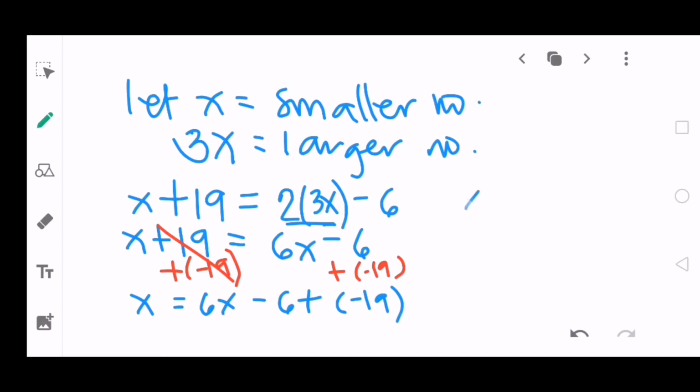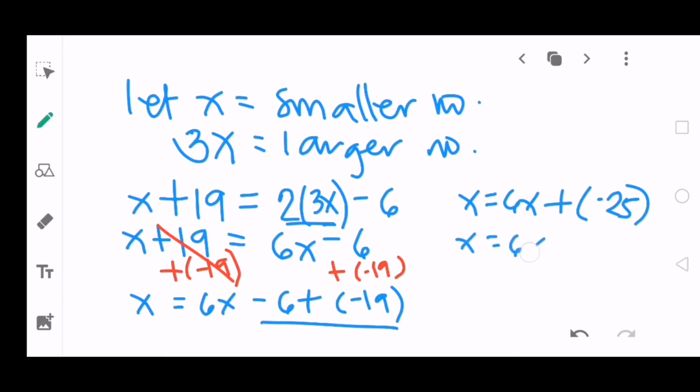The sum of these two, negative 6 and negative 19, is negative 25. We can just simplify this as x is equal to 6x minus 25.